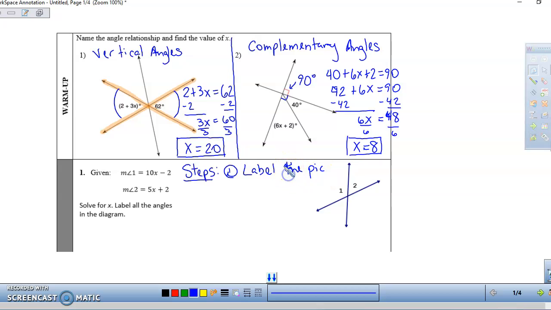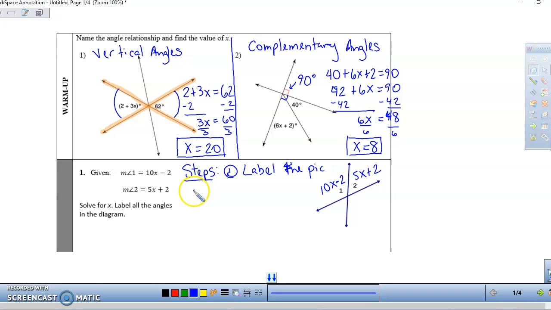What that means is I'm going to take whatever information I am given and I'm going to write it in the picture. It's really important in geometry. It's very visual, so you need to have your given information labeled in the picture. So this is 10x minus 2, and then angle 2 is 5x plus 2.